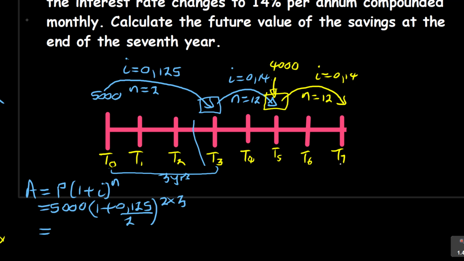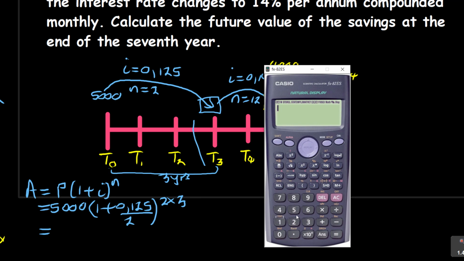Let me just bring in the calculator here. It becomes 5,000, bracket, 1 plus 0,125 over 2, that you raise to the power of 2 times 3. Are you with me?